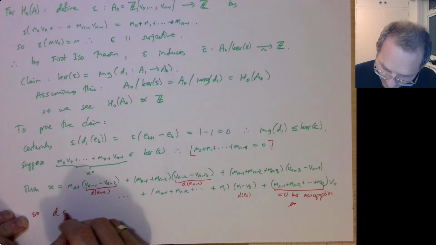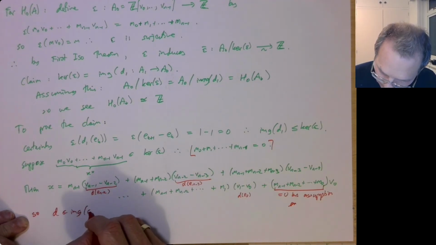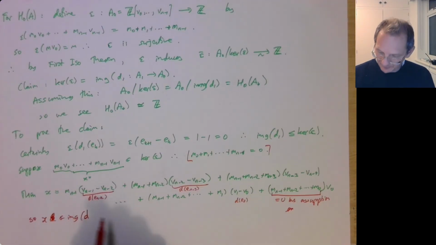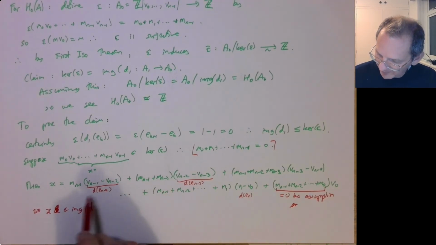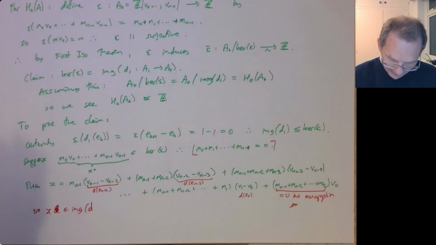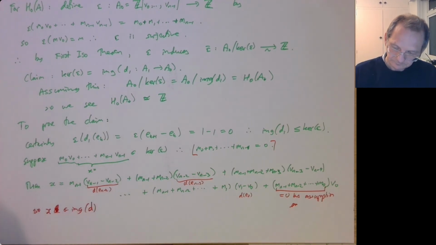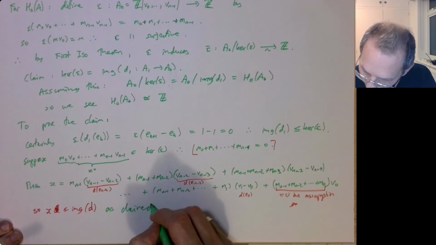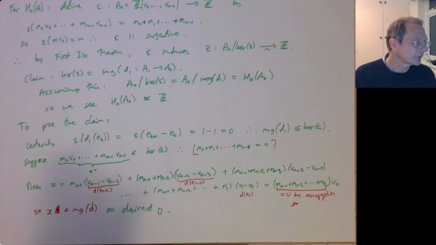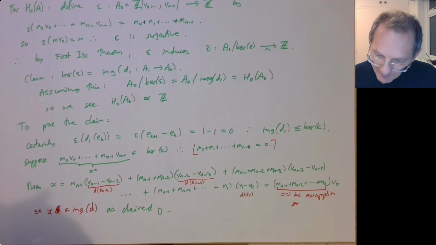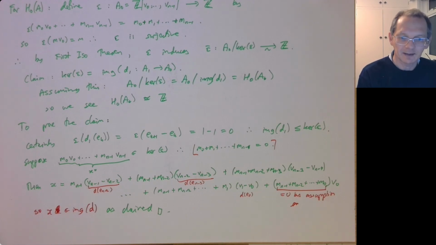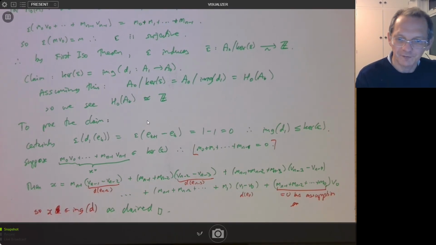So x is in the image of d. We've expressed it as a sum of these things which are obviously in the image of d. So x is in the image of d, as claimed. So this proves that we've got the right homology for this chain complex. And that will do for this first introduction to chain complexes.